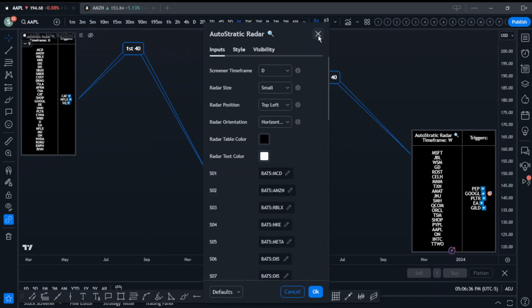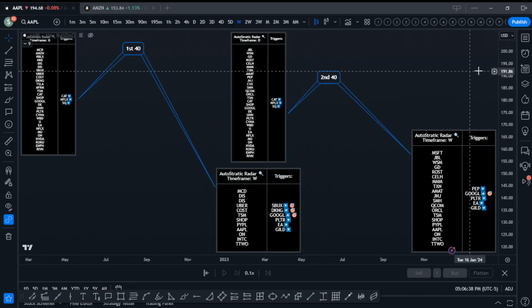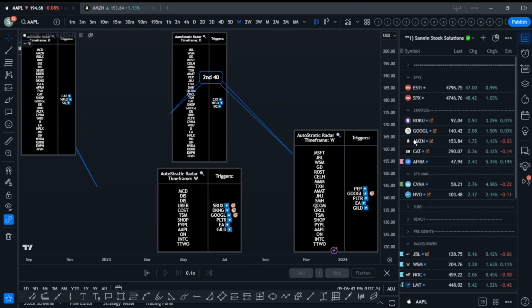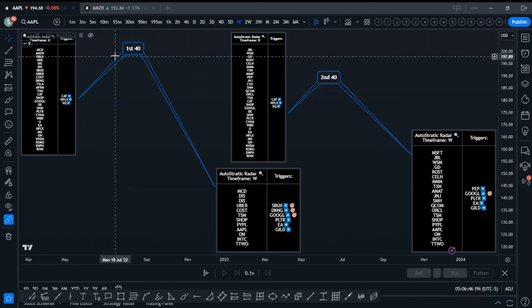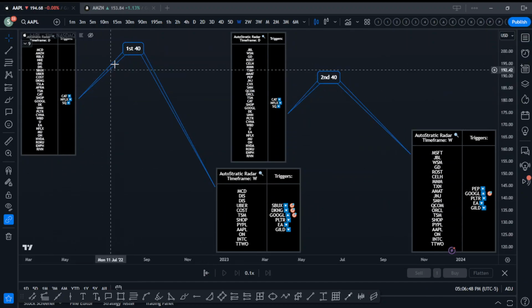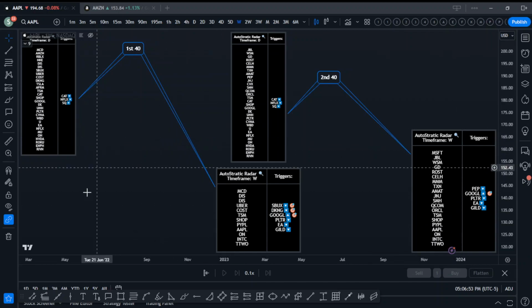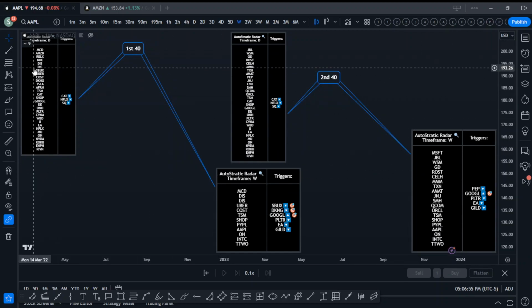That way you can have more than 40 stocks that you're analyzing, because as you can see, my watch list is over 40 stocks. Once I have that all laid out nice and neat, I'm looking for stocks that have actionable signals on the day as well as the week.